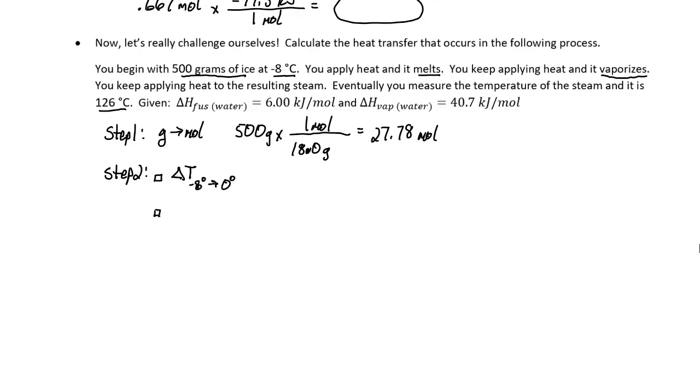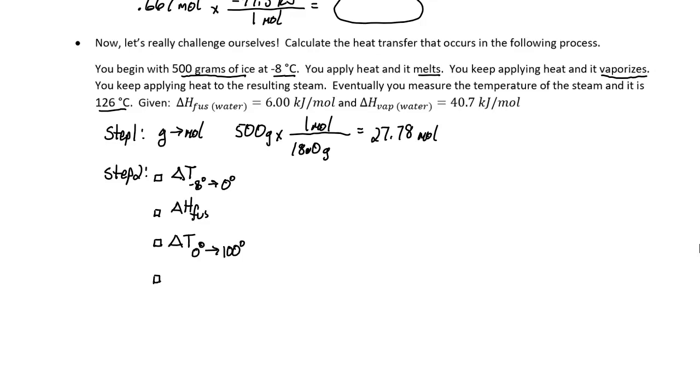After that, the ice is going to melt. So we're going to do delta H fusion. Remember, delta H fusion meant delta H for the melting process. After the ice melts, a temperature change is going to happen. The temperature is changing from 0 degrees on the thermometer all the way up to 100 degrees on the thermometer.